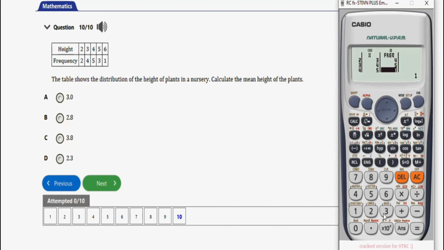When x is 5, the frequency is 3. When x is 6, the frequency is what? 1. So we are good to go. Now let's solve this. Values are stored. Okay, the mean height of the plant is what we are looking for. To get the mean height, press shift 1, option 4 for variable, then mean is option 2, x bar, is equal to. So we have it about 3.8. The right option is option C.